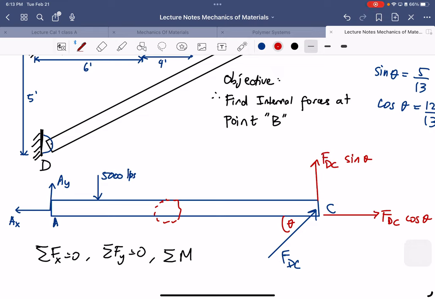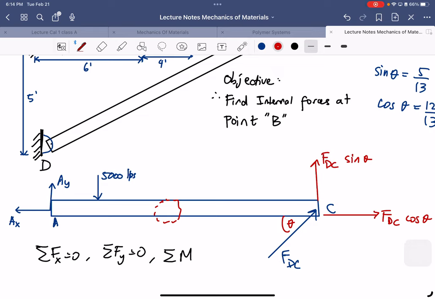So which point do you want to take the moment about? Either A or C. But if you take C, all these components will not be counted.